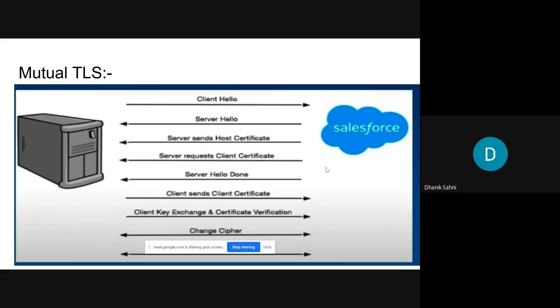Once those certificates have been requested, the client needs to send that particular certificate, and once Salesforce receives that certificate, Salesforce understands that this is a secured authentication or secured channel where we can pass our data. Once that security is established, the data is communicated between the client and the server.